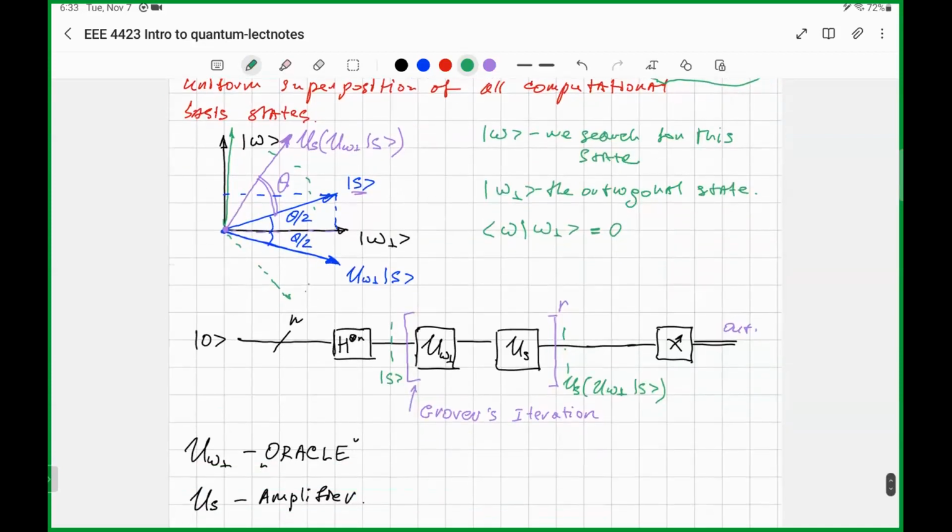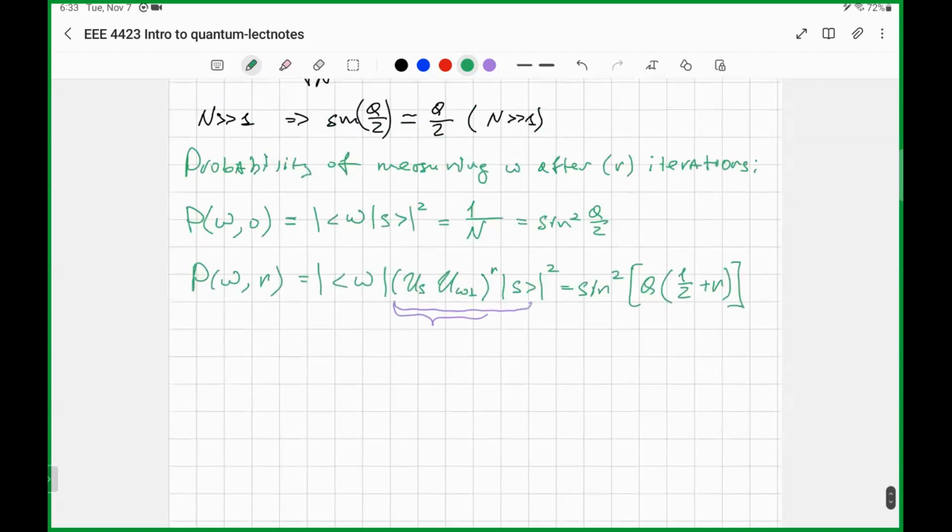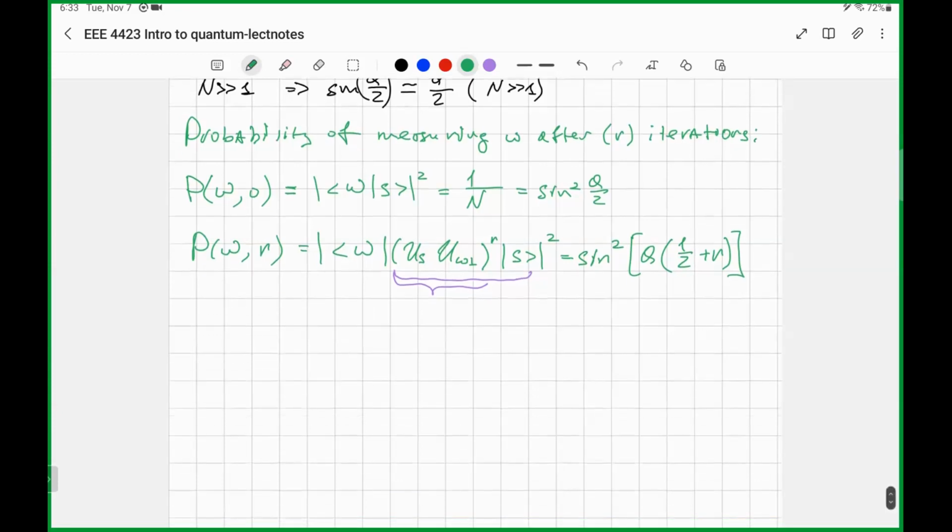Each time we get closer and closer to the vector omega. So how many iterations, how many r do we need?